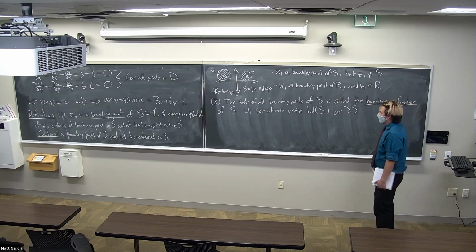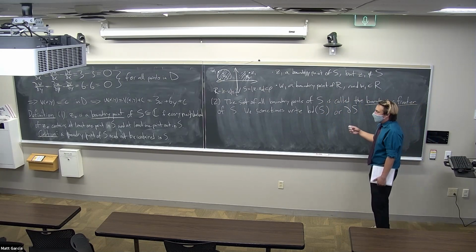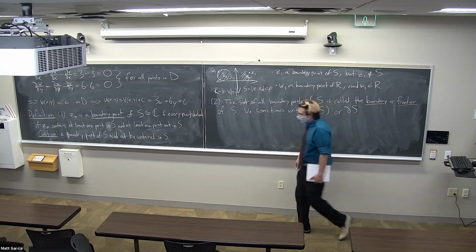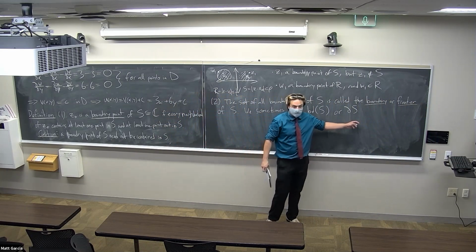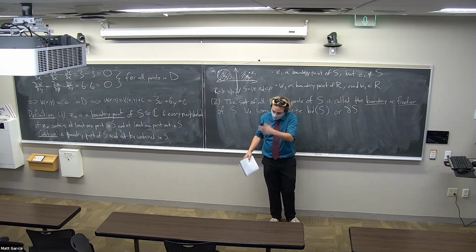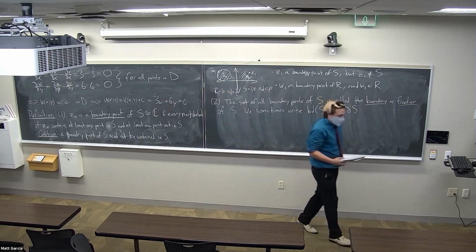We will have infrequent occasion to talk about partial derivatives, so I'm going to try to avoid this notation, but you might see it in the textbook. Thank you for pointing that out. Good.